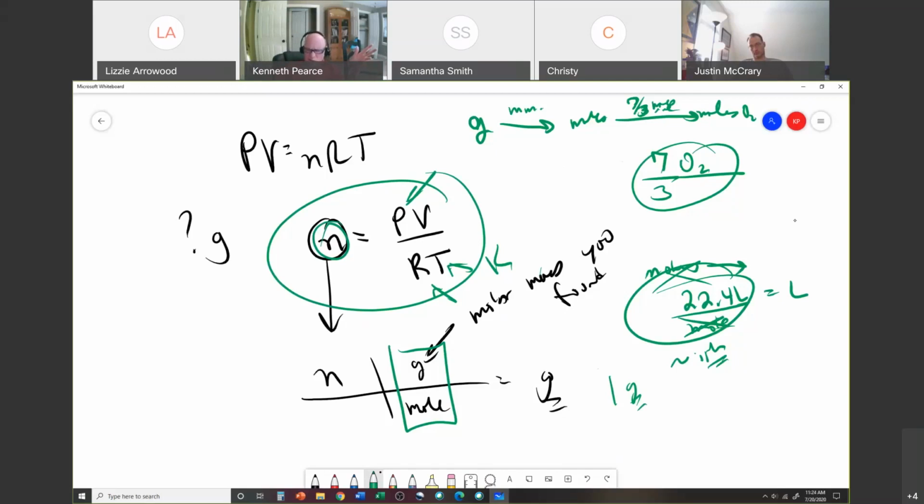C2H6. That's ethane. So you would use your molar mass of the C2H6, however many grams per mole that is. Well, it would be moles over grams. And from there, you would use your mole ratio from your balanced equation, right? Because remember, what's the purpose of the balanced equation? Get your mole ratio, right?